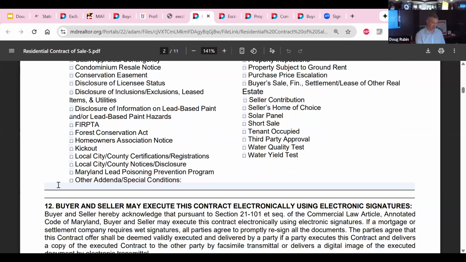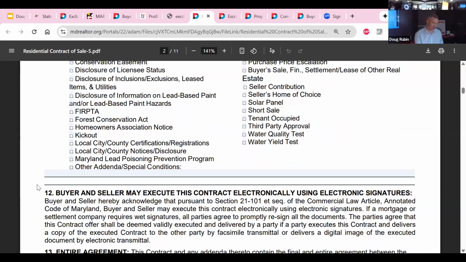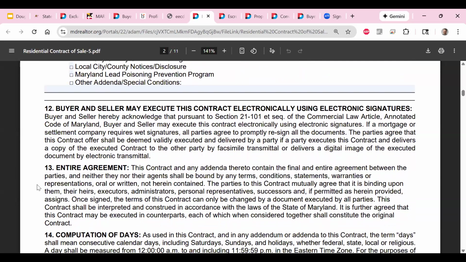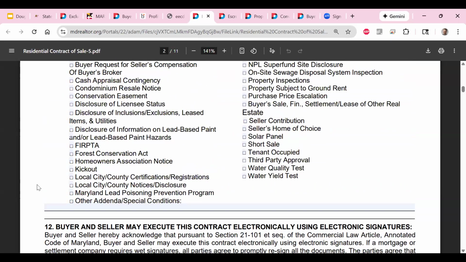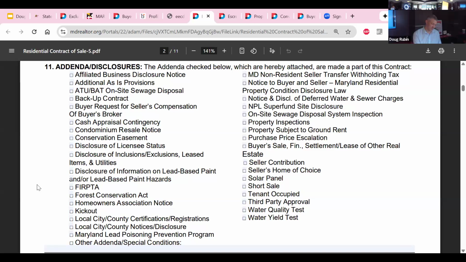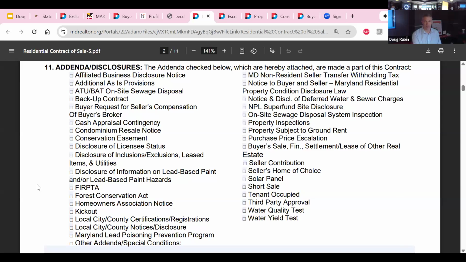But yeah, you would check other and say general addenda or whatever else. There are different addenda that your brokerage might require. Question for you. Isn't all the language in the general addenda included in the contract of sale? I think there are a couple of differences.